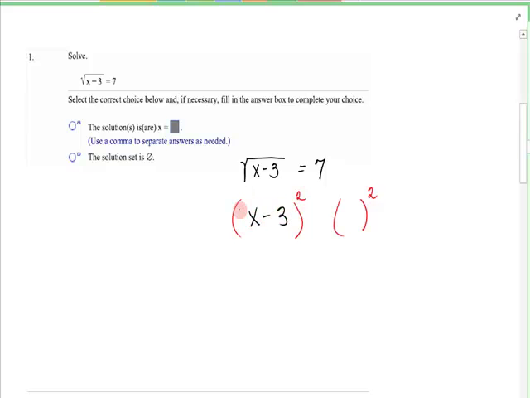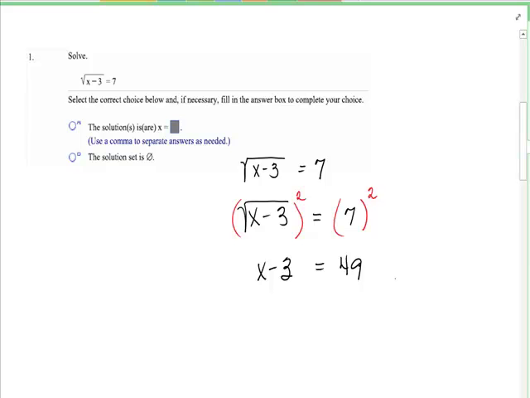So I have x minus 3 under the radical, quantity squared, equals 7 quantity squared. So you have to square both sides. Remember, when you square a square root, it pops out. So when you square this square root, it comes out as x minus 3. When you square the right-hand side, you get 49.